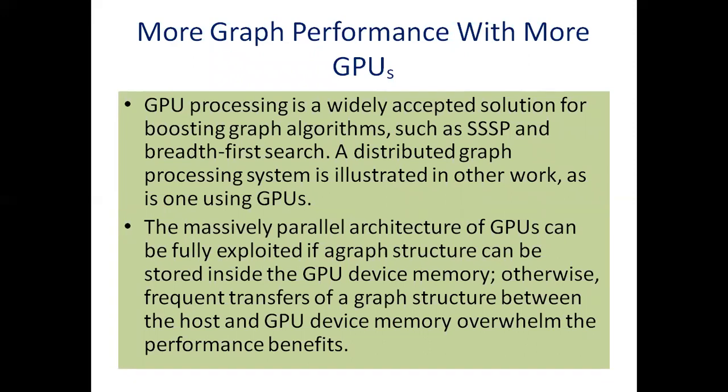A distributed graph processing system is illustrated in other work, as is one using GPUs. The massively parallel architecture of GPUs can be fully exploited if a graph structure can be stored inside the GPU device memory. Otherwise, frequent transfer of a graph structure between the host and GPU device memory overwhelms the performance benefits.